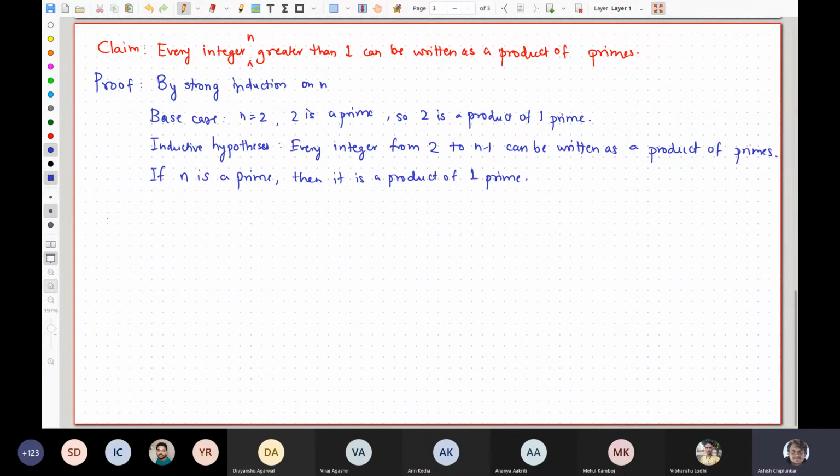Right, so this is what we wanted to prove. Fine. Else, right, so n is composite. Right, so by definition, there exist integers.